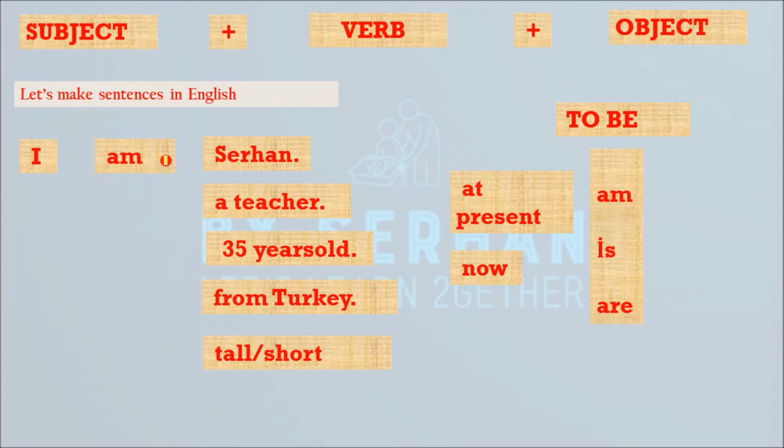Here we need a verb, but we don't need a verb like speak or talk. So I go to the verb to be, and it changes into am, is, are depending on my subject. Here I use the subject I, so to be changes into am at present.